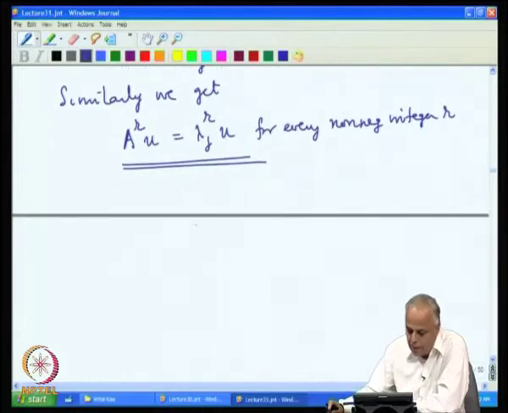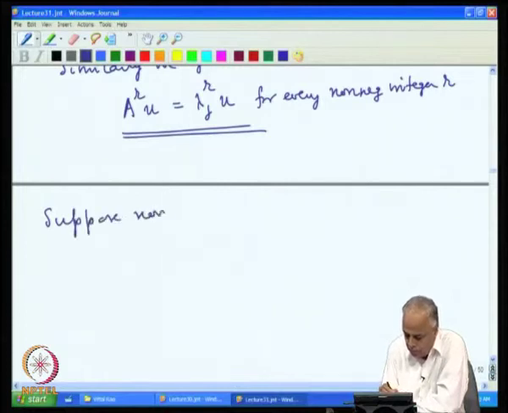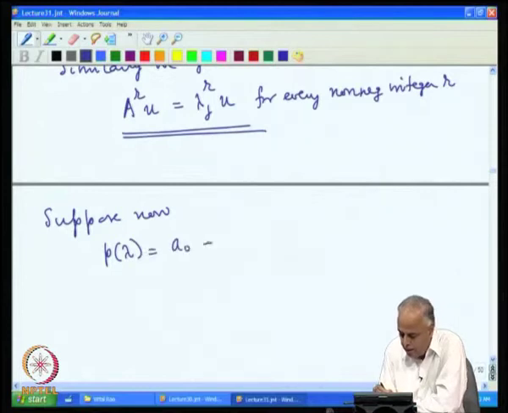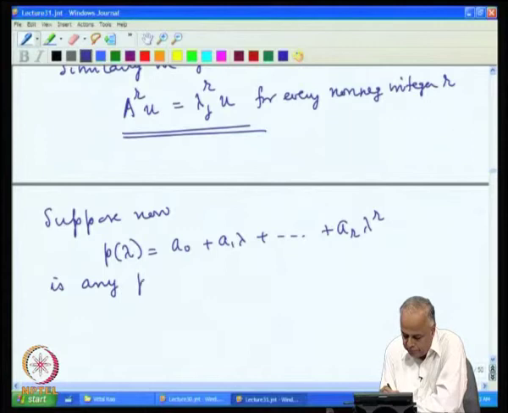Now, this has an additional implication. Suppose now P(lambda) is equal to a0 plus a1 lambda plus ... plus ar lambda power r, any polynomial with complex coefficients.